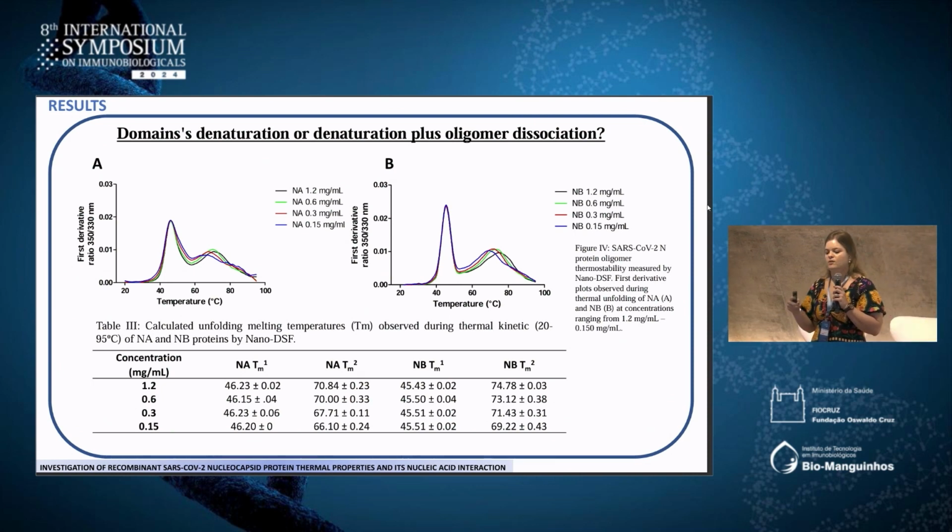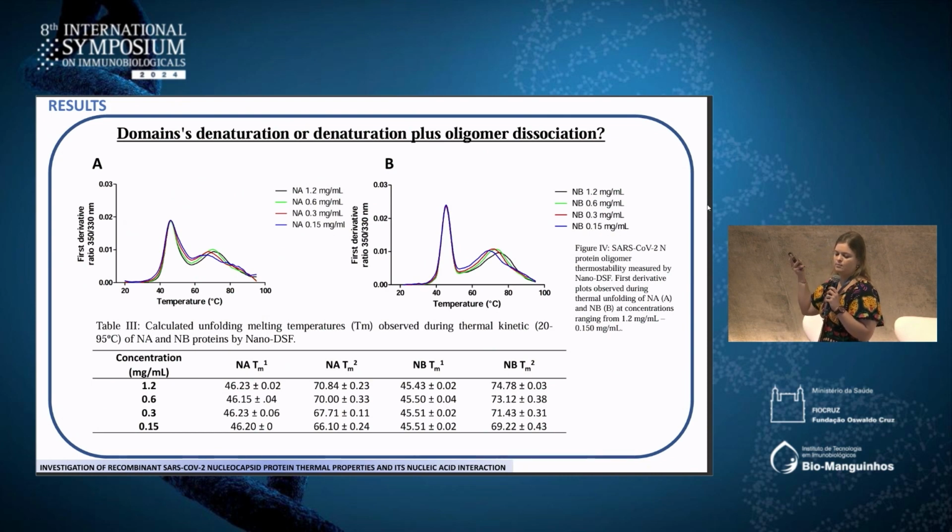To investigate if these transitions were related to denaturation of domains or to denaturation plus oligomer dissociation, we carried out a methodology named DSF at different concentrations. Here we can observe in the graph that melting 1 is stable independently of the type of protein, NA and NB.